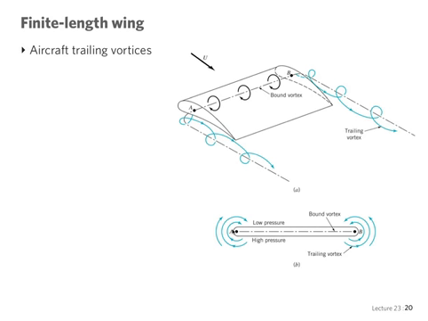Now we were talking about this circulation that is present around the airfoil, right? So if I look at the airfoil from the side, there's a circulation around it. That's if I look at a cross section.